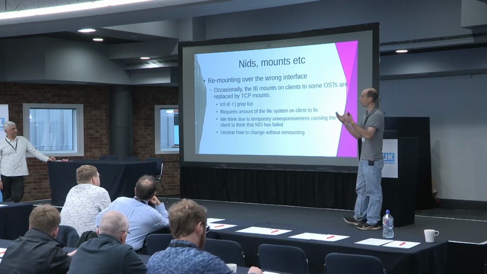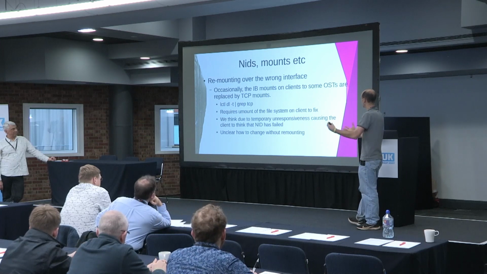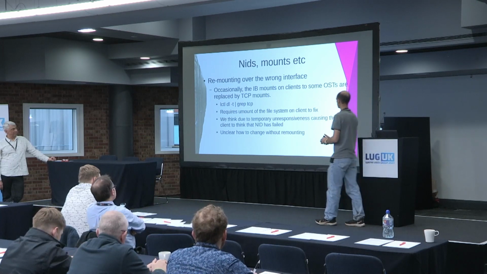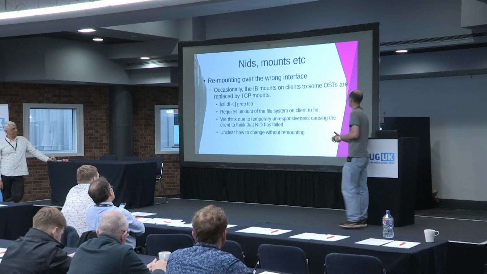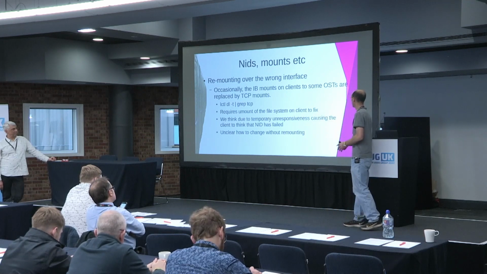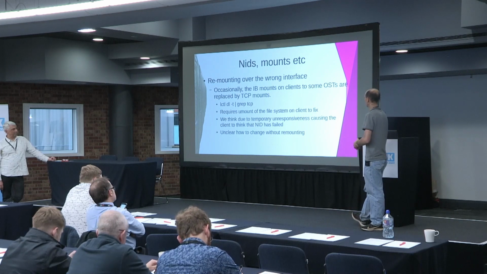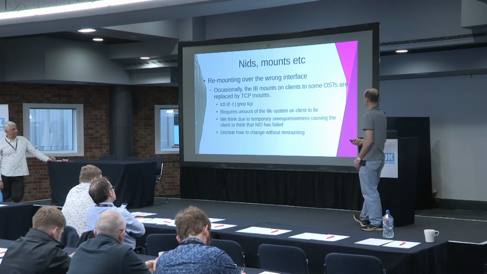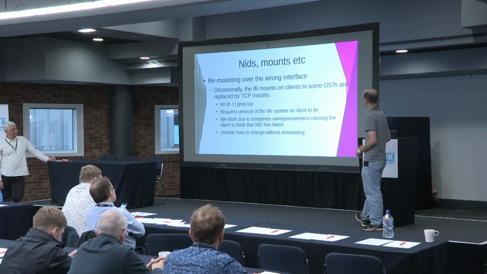It'd be nice to be able to do that without remounting, because obviously if there are things going on, it'd be nice to be able to redirect them. We think it's probably if a particular OST becomes unresponsive, or OSS even, it makes the client think that NID has failed or something like that, and tries to do the sensible thing, but it'd be nice if it was able to revert back.